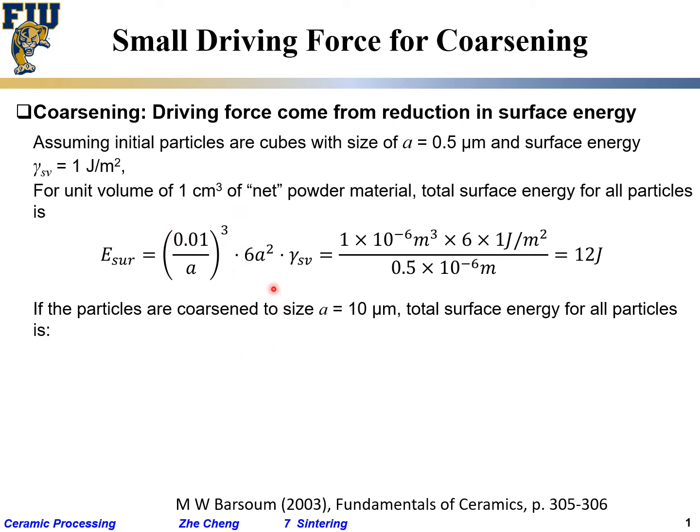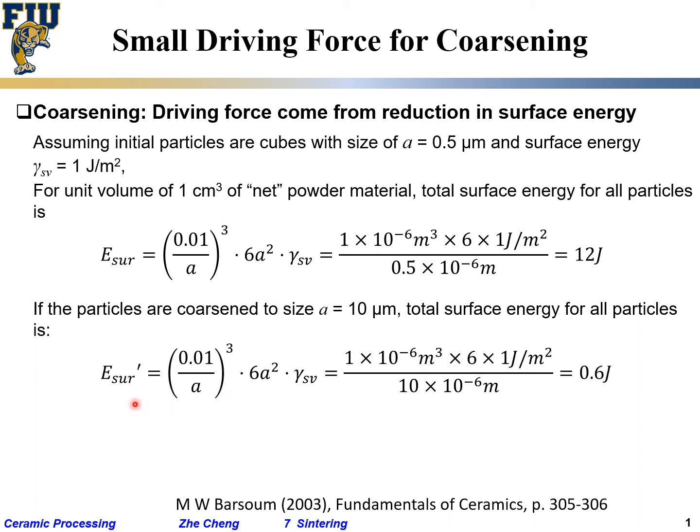I'm going to use the same equation. I still have the same equation, except 0.5 times 10 to the minus 6 got replaced by 10 times 10 to the minus 6. Make sense? And everything else would be kept the same. And this ends up to be 0.6 joule. The total surface energy, if the particles are 10 micron, becomes only 0.6 joule.